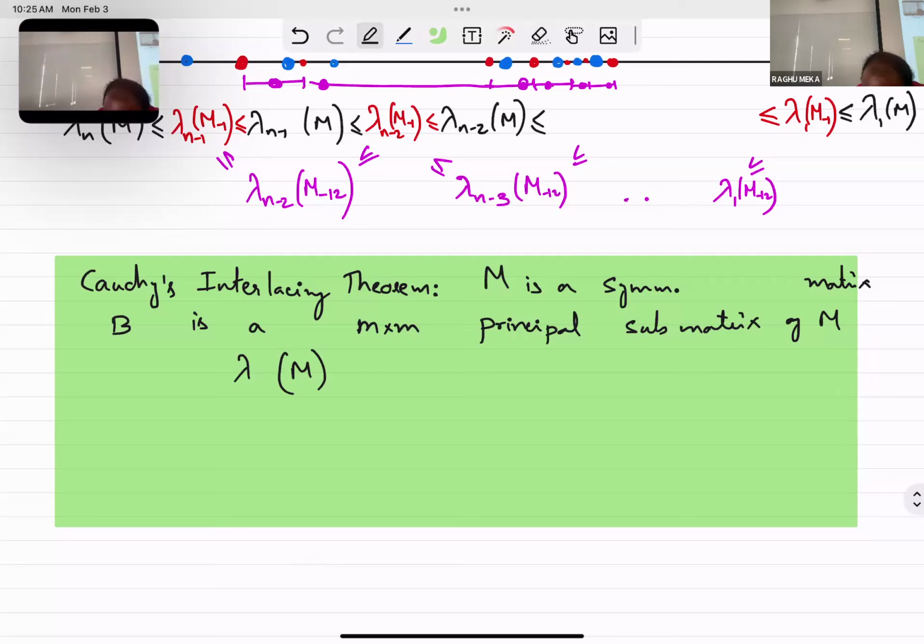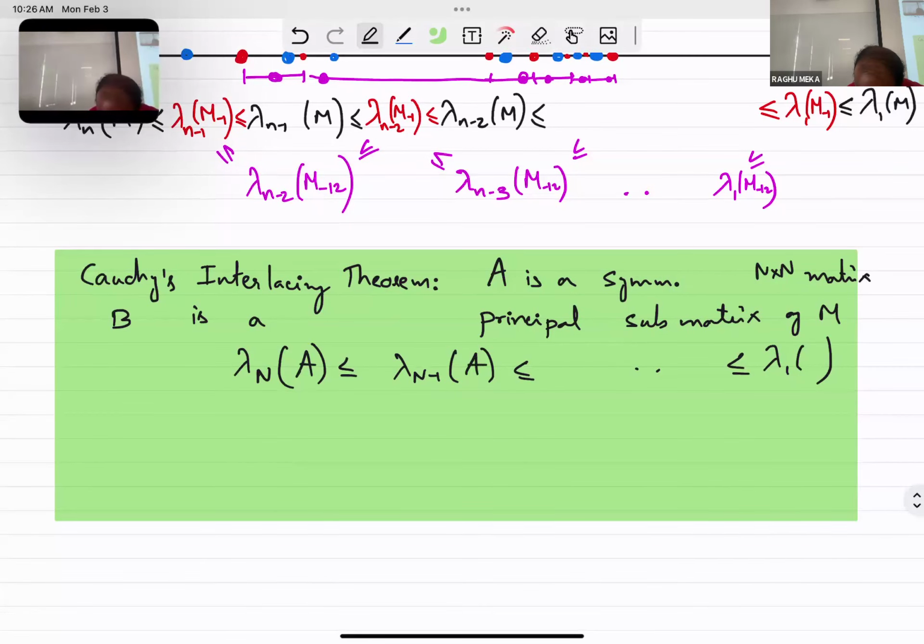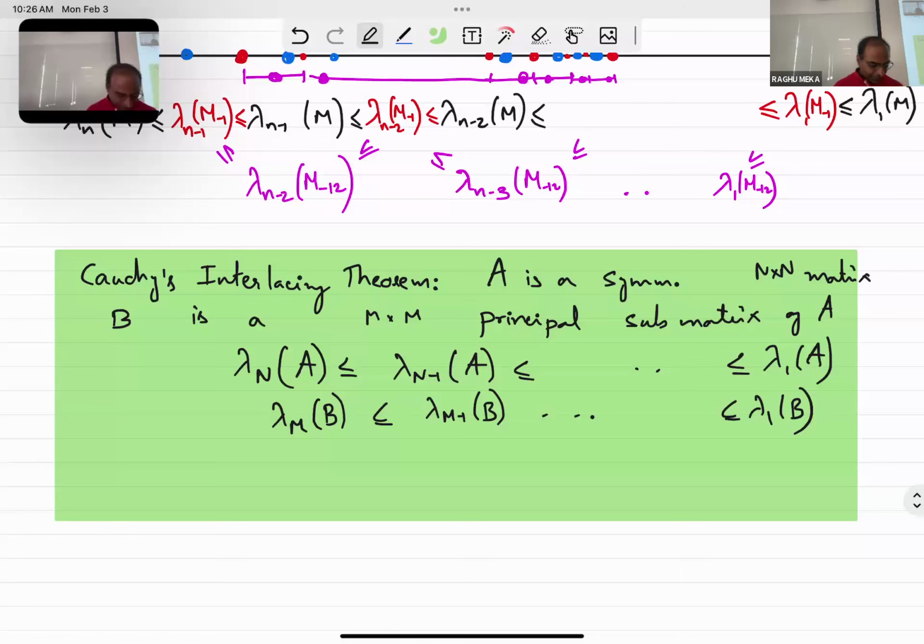Okay, let me use begin here. And we call this A. A also has the same ordering of the eigenvalues of B. You can see from here that the n minus 2th eigenvalue was always at most the n minus 2th eigenvalue of the original matrix.